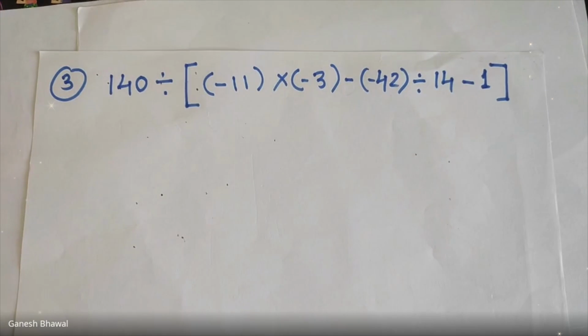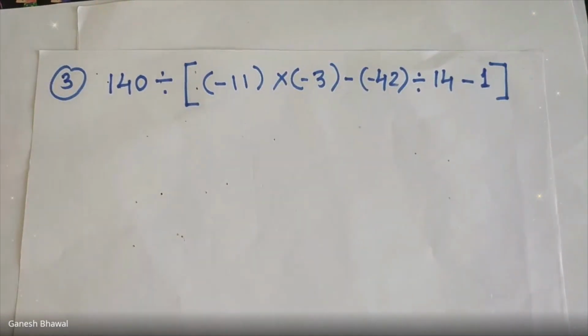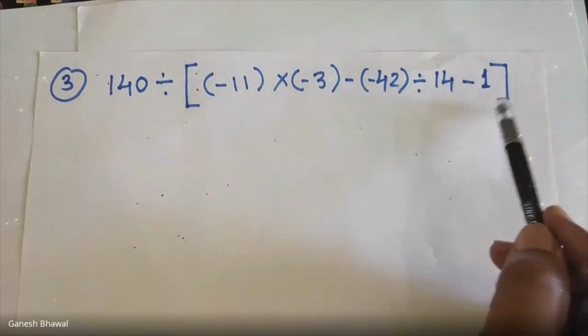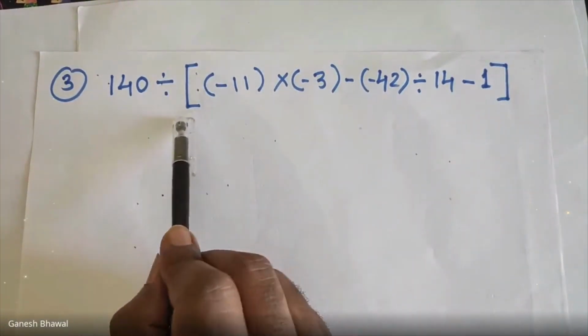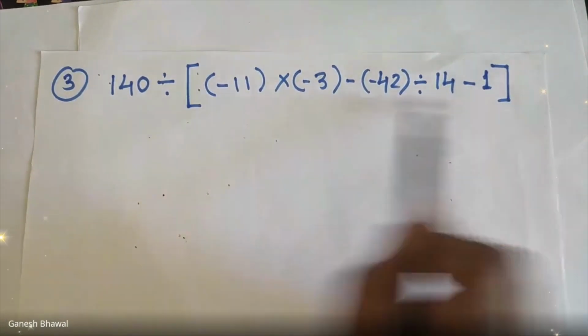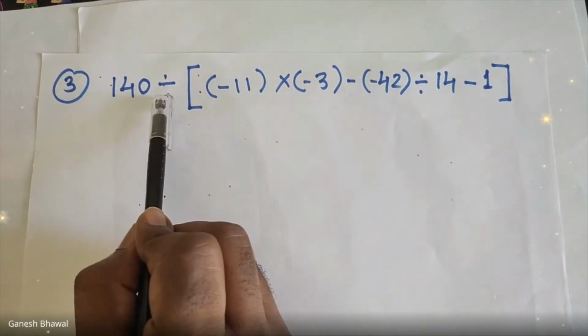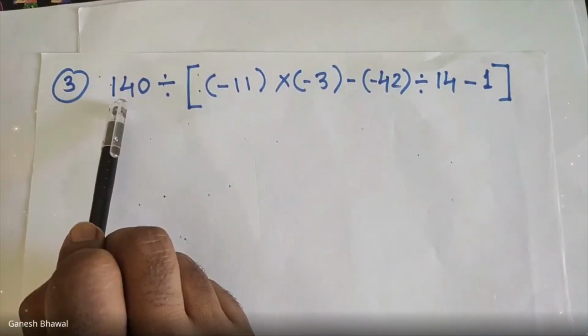Now, as I said, first you have to decide in your mind what you will do first, what will be your second step, what will be your third step. The first step is the big square bracket, so you have to concentrate on this bracket and at last you will divide. Whatever answer comes, you will divide 140 by that answer.